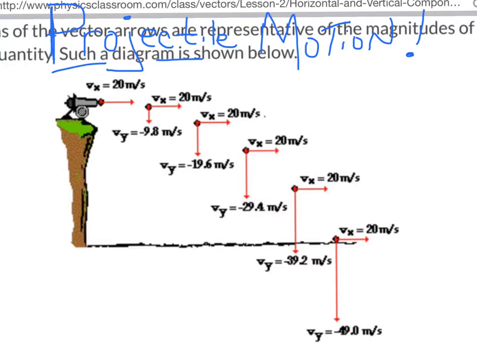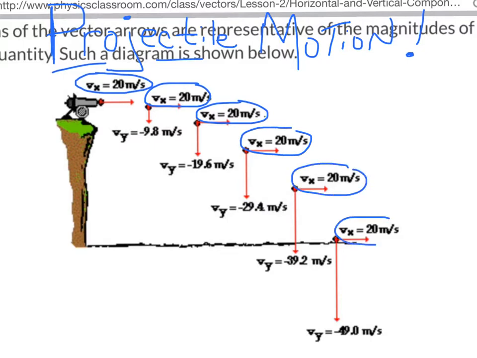There's a couple of things that you should notice offhand. The first is this horizontal velocity vector. As time goes on, and we're assuming that each position here follows 1 second after another, one of the things you should note is that v, and I'm going to use an h here to represent the horizontal velocity, is equal to a constant.